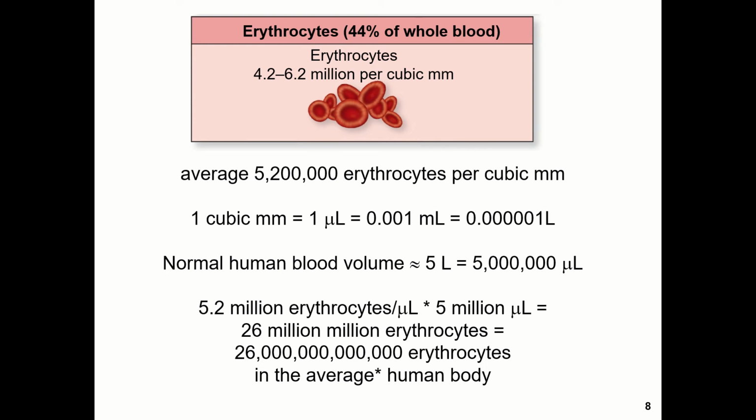Of course, the actual blood volume depends on the actual size of the human. So some people who are very small might have 3.5 liters of blood. Some people who are very large might have 6 liters of blood. So 5 liters is a nice rounded number, but remember that it is not actually indicative of any normal human being.